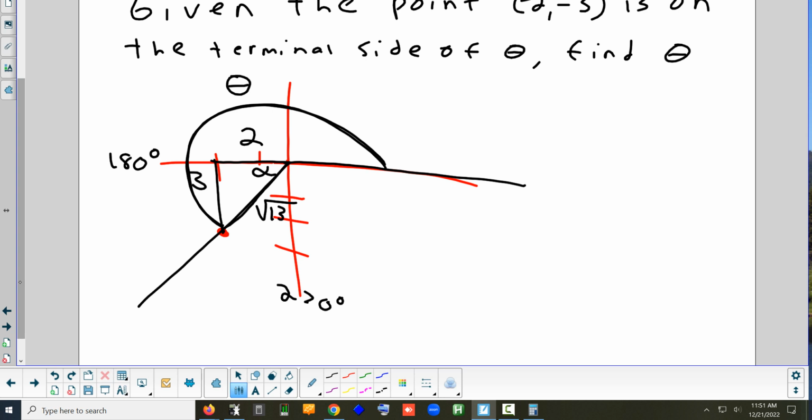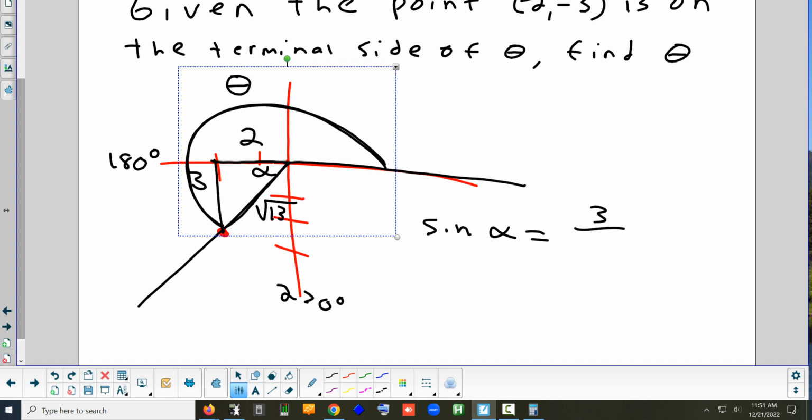Okay. What trig function did I say to use to find your reference angle? Sine. So we need sine of alpha equals, how long is the side opposite? 3. And the hypotenuse. What's the hypotenuse?